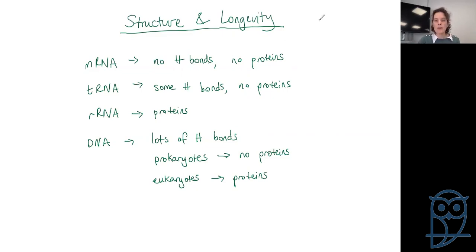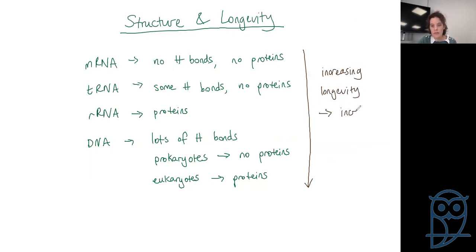And so what we have overall here is an overarching pattern of increasing longevity. Then we need to have increased stability, and therefore reliability.